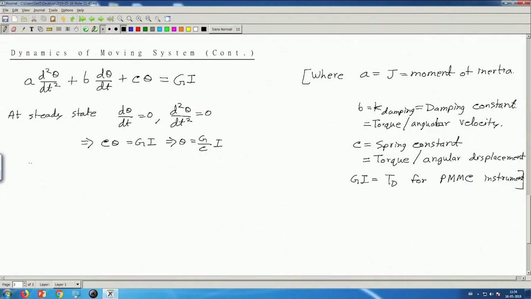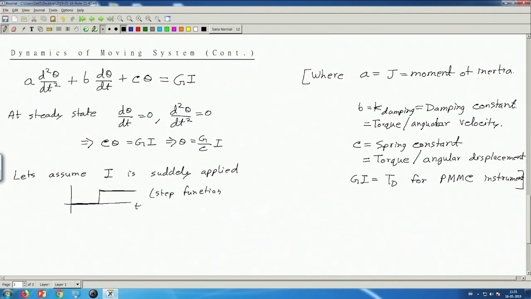Okay. So, let us assume I is suddenly applied. Okay. So, that means I was say 0 for some time initially, and then it becomes like this. So, this is a step function. Okay.